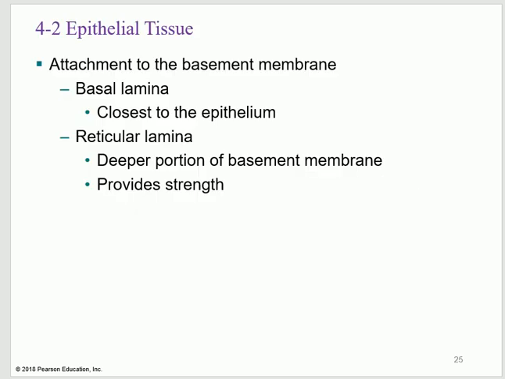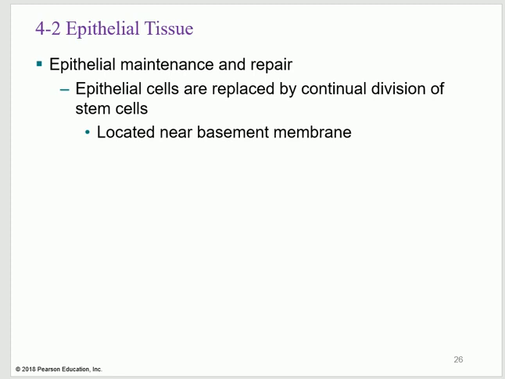So always there is a basement membrane under these cells in the epithelium, and the basement membrane consists of two layers. One of them is called basal lamina. Basal is coming from base, at the bottom, and reticular lamina, which is the one that will make it stronger.